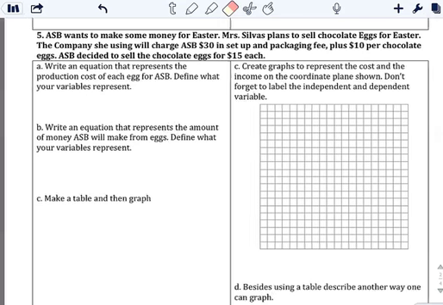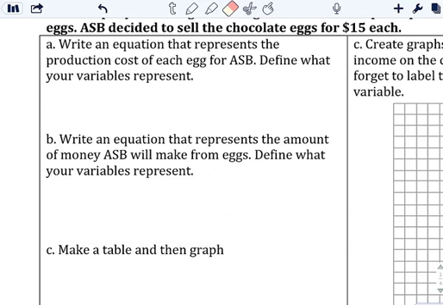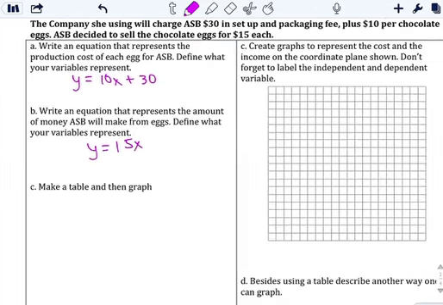Okay, looking at this, most of you got the equations correct: y equals 10x plus 30 and y equals 15x. It is somewhat closely related to 3.